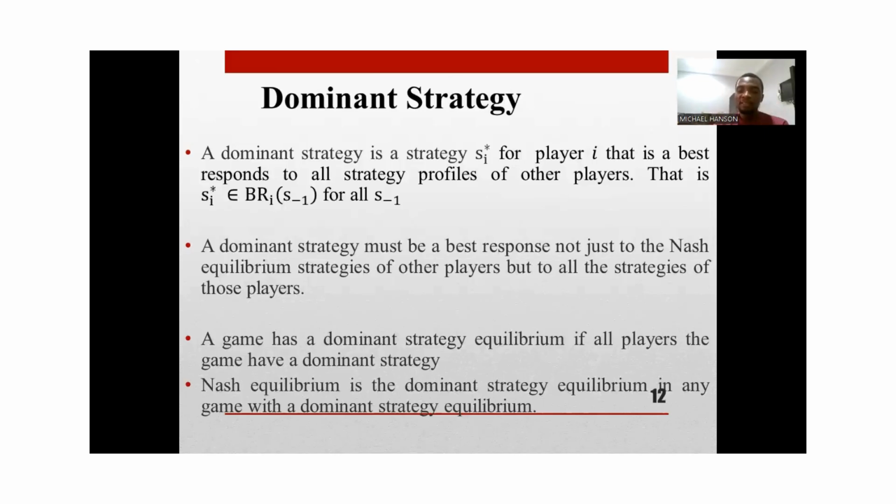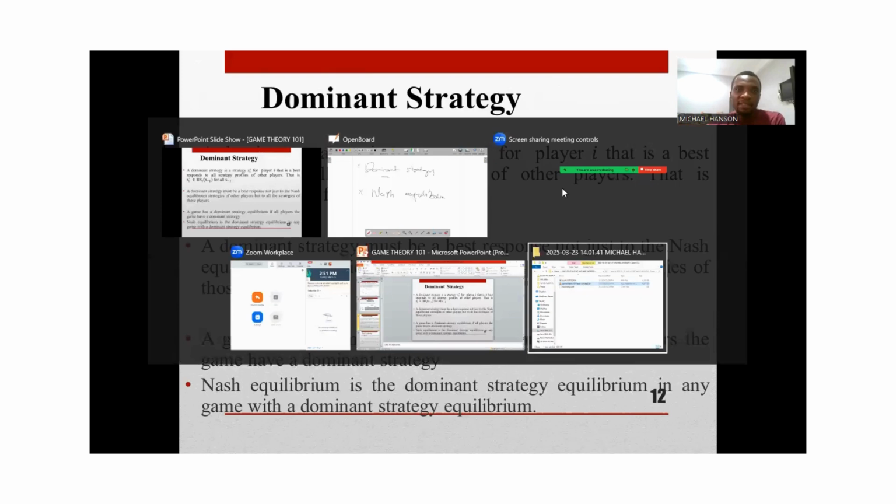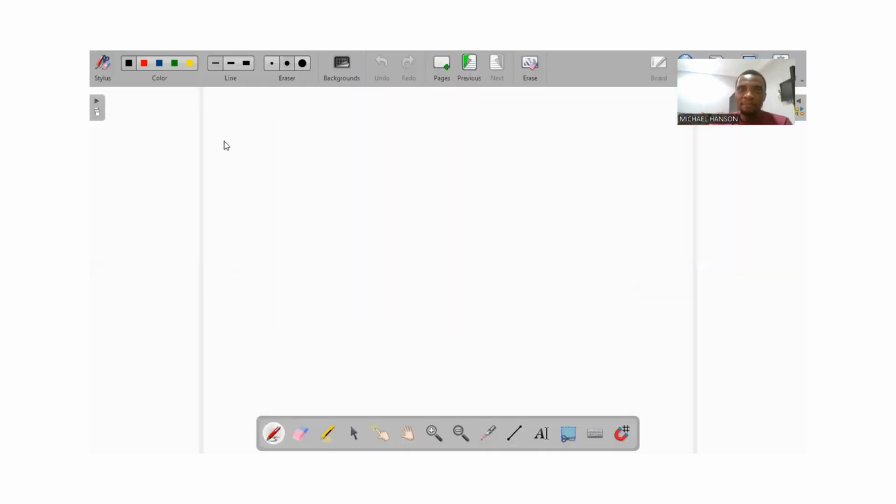For instance, Seth, let's take that example. We understand there's a game being played by Seth and Isaac. So Seth has strategies to either learn or not learn.